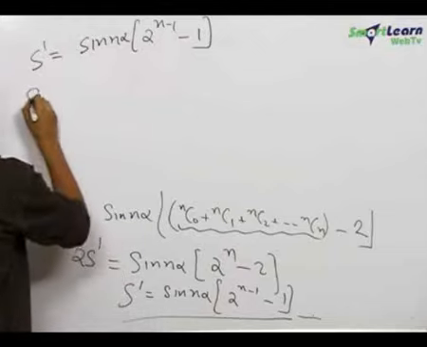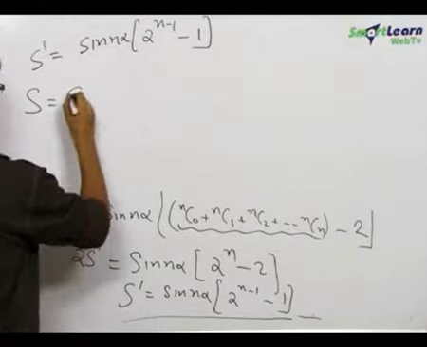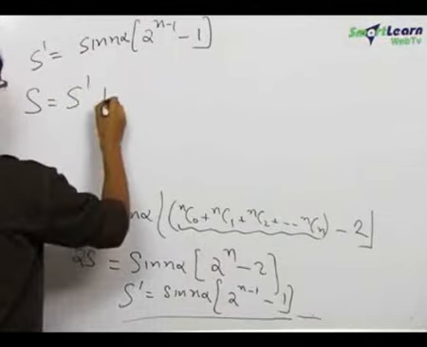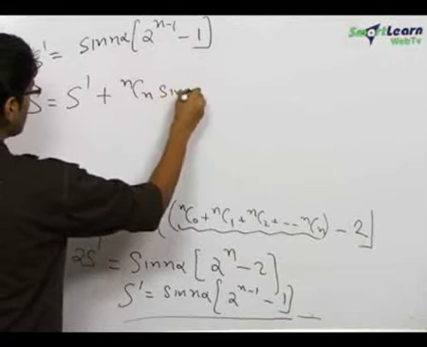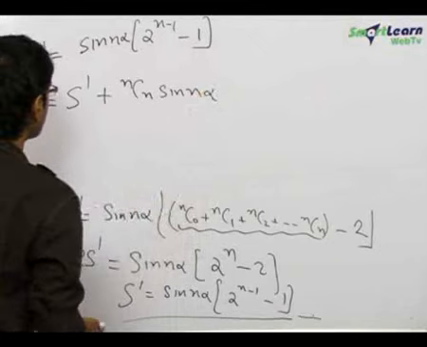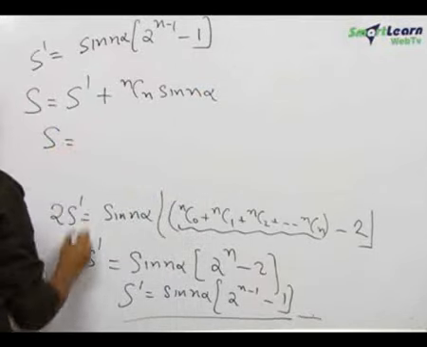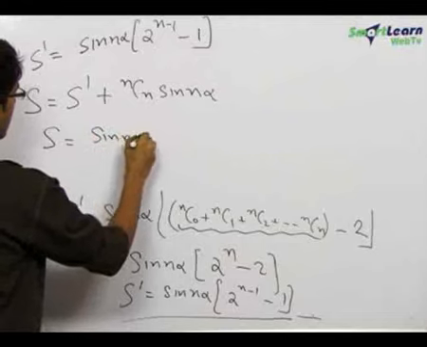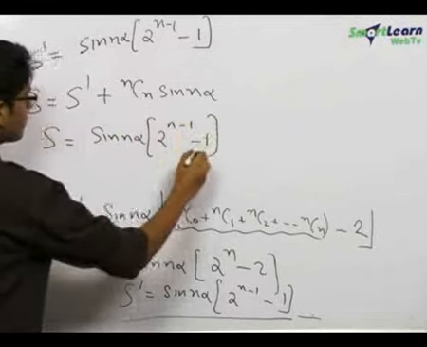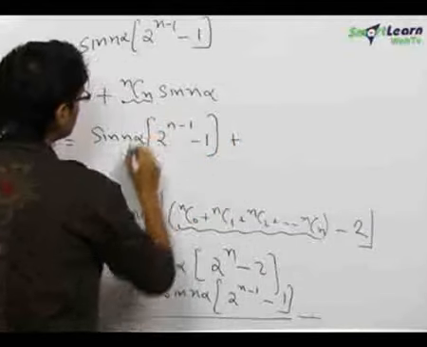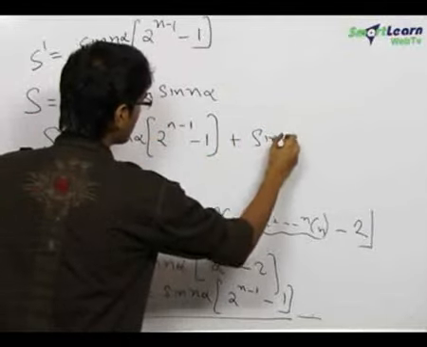And we needed to find the sum S, which is S dash, and we left the last term which was written to be nCn sin n alpha. Now the sum will be equal to sin n alpha (2 power (n minus 1) minus 1) plus nCn, which is equal to 1, sin n alpha.